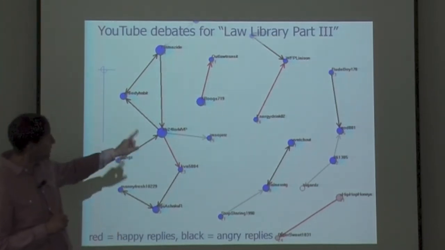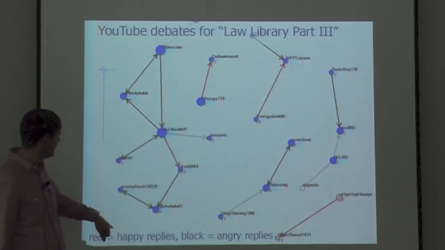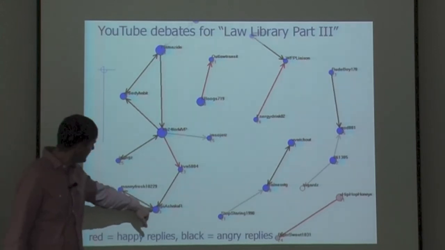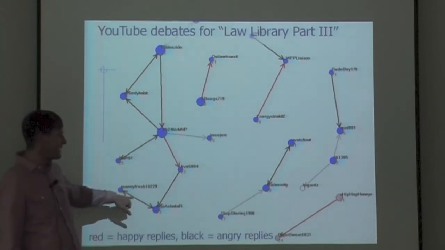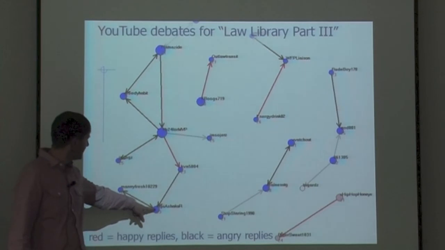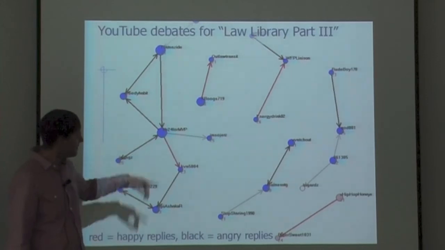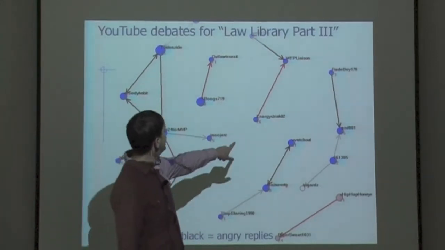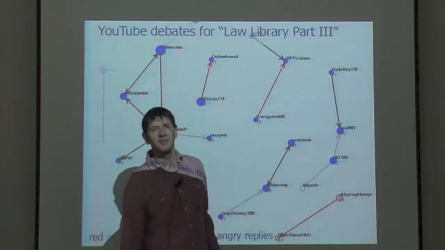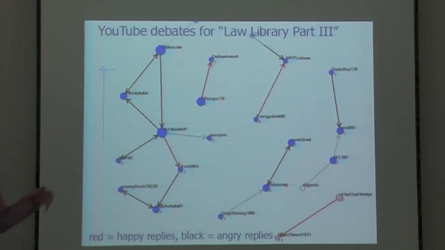So in this diagram, every dot is a person that made a comment on the video Law Library Part 3, rap video, and a black line from one person to another means they've made mainly negative comments on that person's comments. Most of the lines are black for negative comments, but this person made a positive comment on that person's comment. So you can turn an individual video into a network diagram of the people that interact through the comments on the video. And this is quite easy to do.